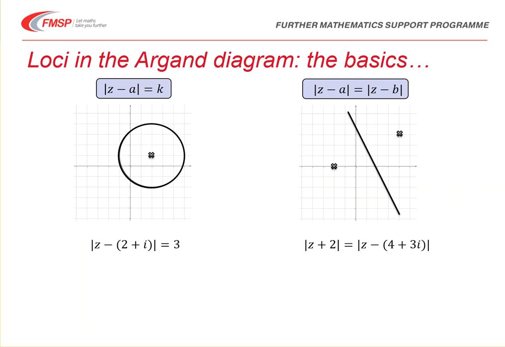Here are two examples of loci that you should already be familiar with. In the first, we know that the modulus of z minus a is equal to some constant k forms a circle in the Argand diagram. In my example, we should recall that the modulus of z minus 2 plus i simply means the distance of our point from 2 plus i.